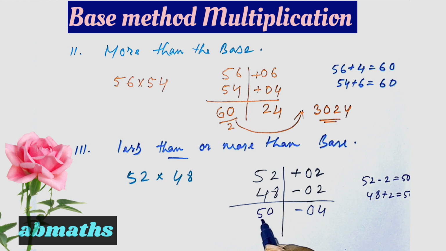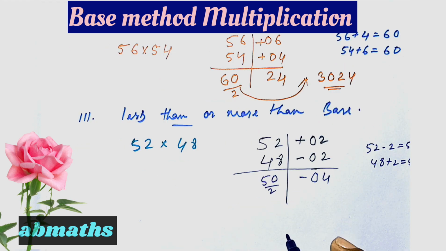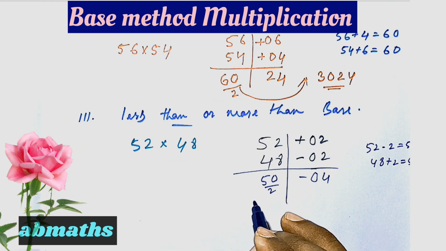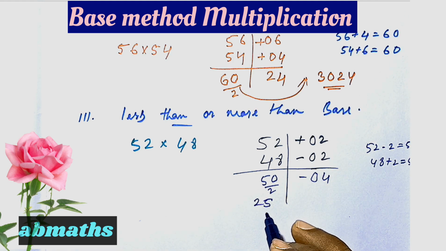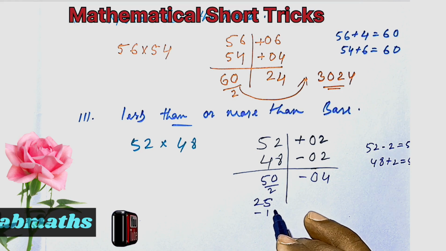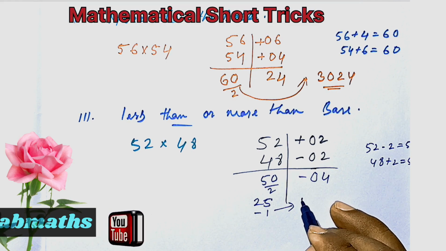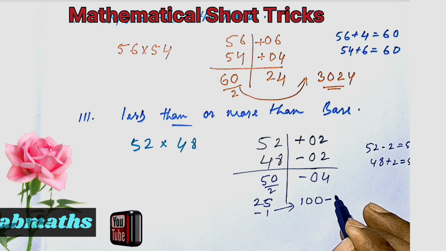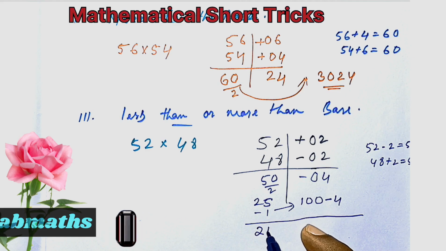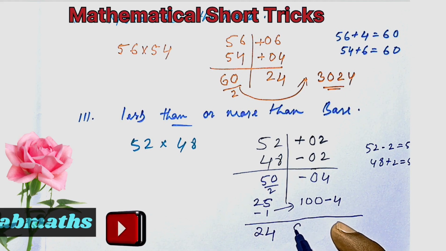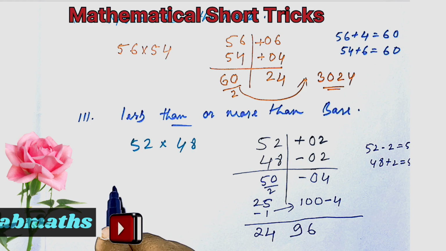So we divide 50 by 2 to get 25. From this 25 we subtract 1 and give it to this side. So this will make 100 minus 4. After subtracting it, we get 24 here, and here we get 96.